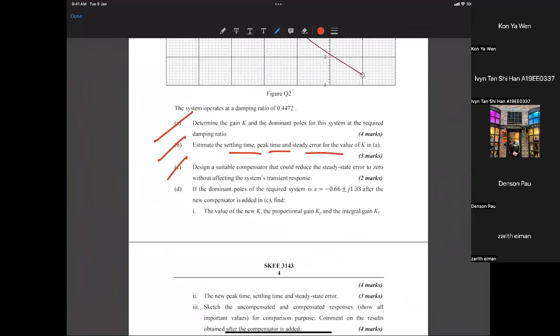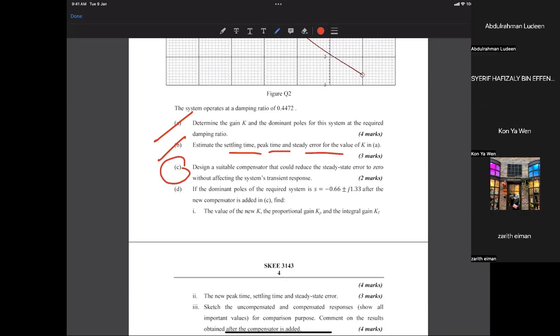If the dominant pole of the compensated system is minus 0.66 plus j1.33 after the new compensator is added in C, design a suitable compensator that reduces the steady state error to 0 without affecting the dominant pole. So what controller should we use in C?